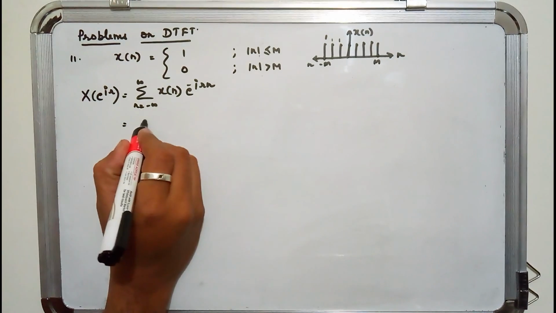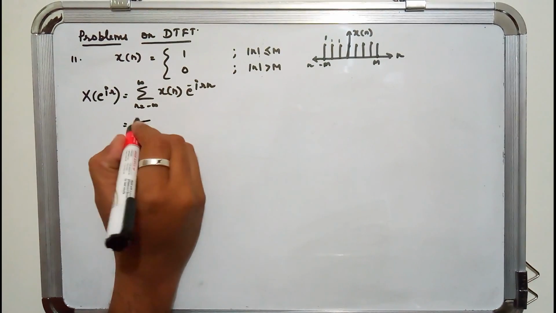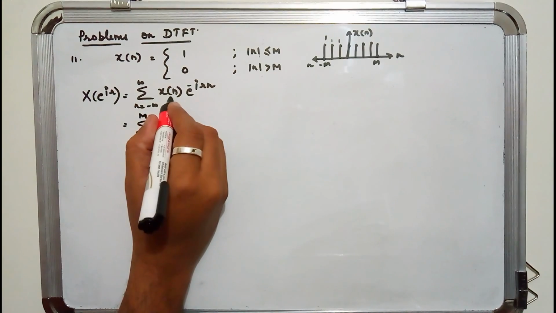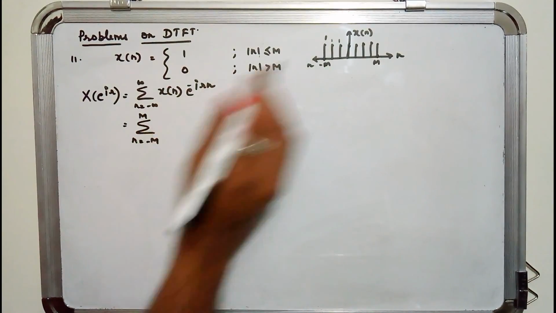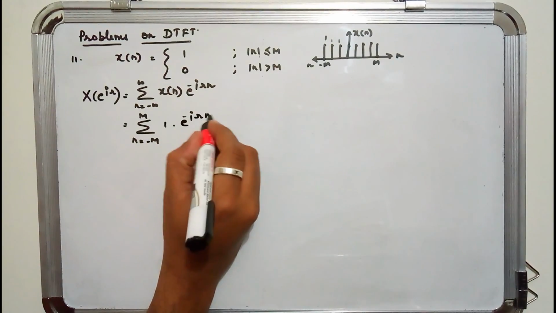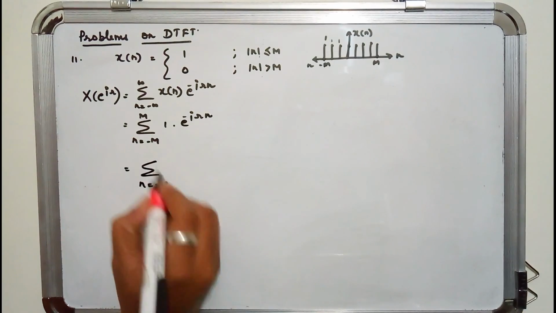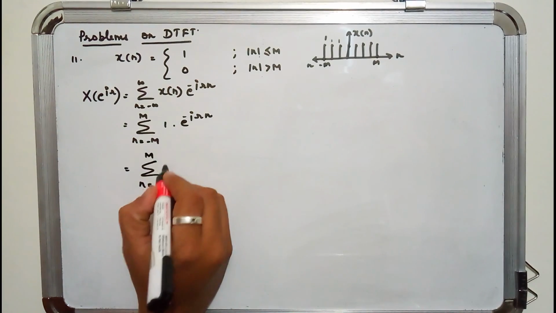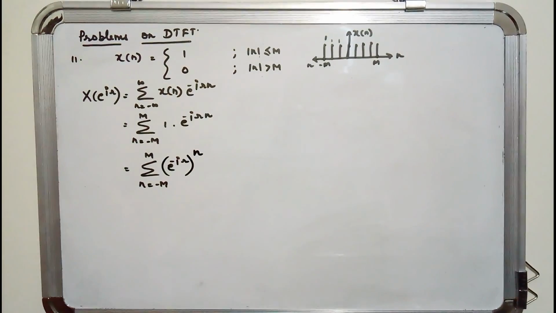So I can rewrite my summation as n is equal to minus m to plus m of x of n. What is the value of x of n from minus m to plus m? It is 1. Everywhere it is 1 into e power minus j omega n. So summation n is equal to minus m till m e power minus j omega n.